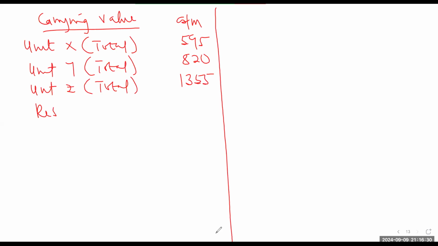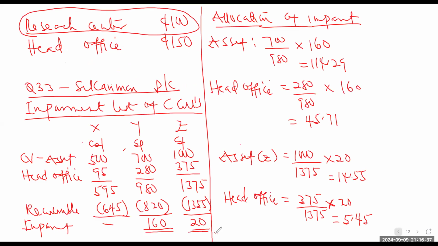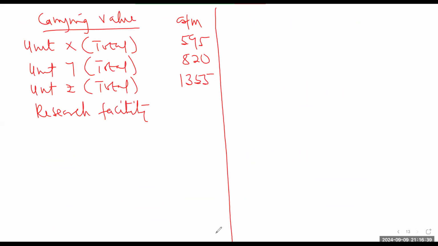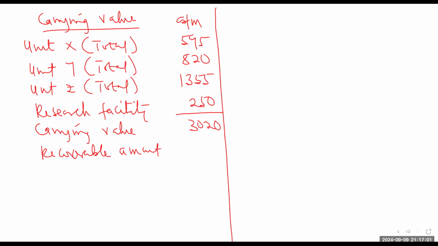But if we add a research facility to this one, you'll be having the full entity, isn't it? What is the value of the research facility? 250. Okay. What will now be the carrying value of the group as a whole? 2820.